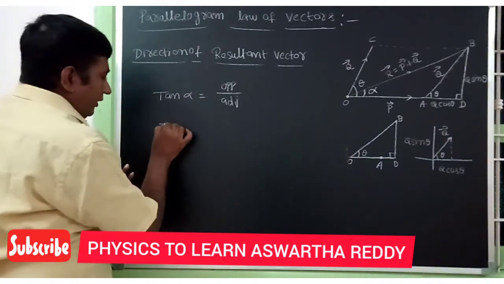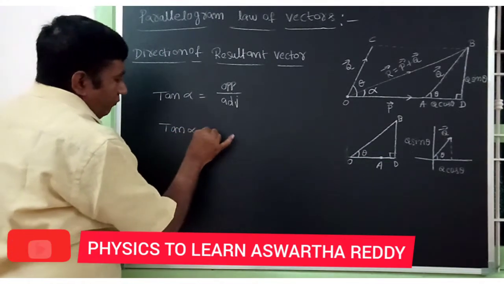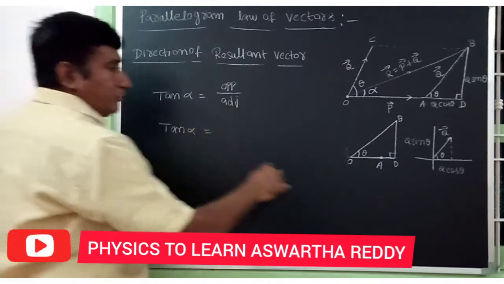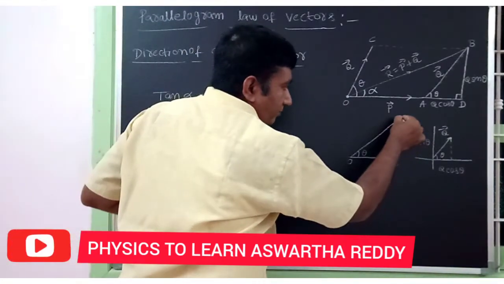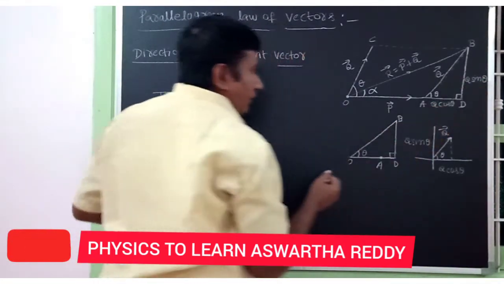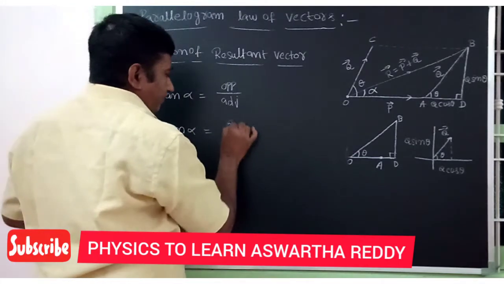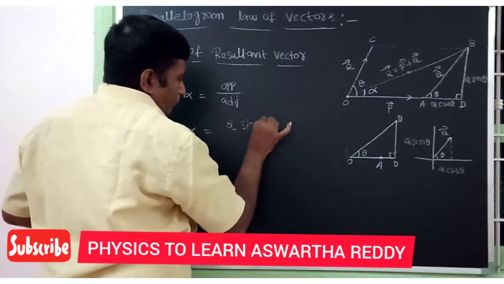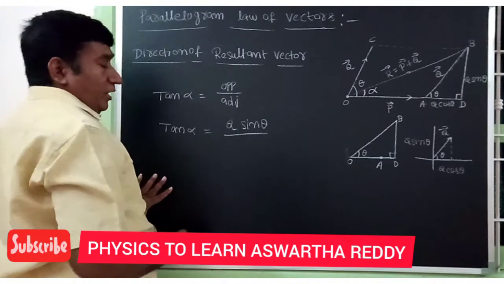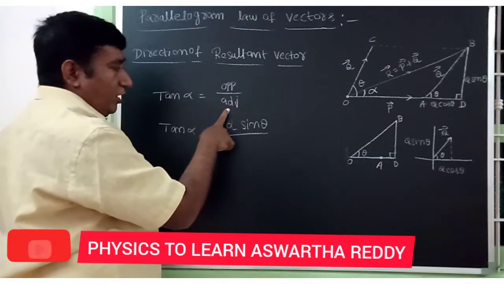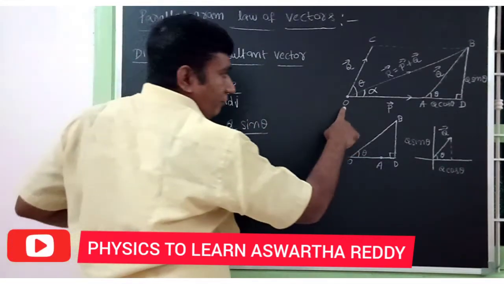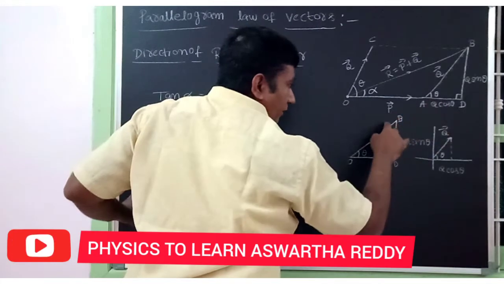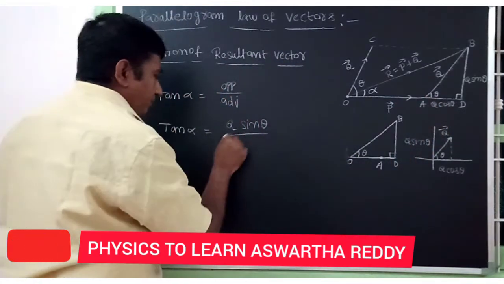So tan alpha equals opposite side over adjacent side. The opposite side is DB, which is Q sin theta, divided by the adjacent side, from O to D, which is P plus Q cos theta.